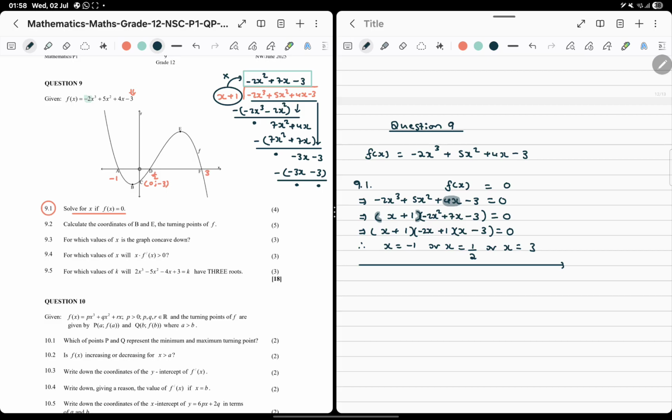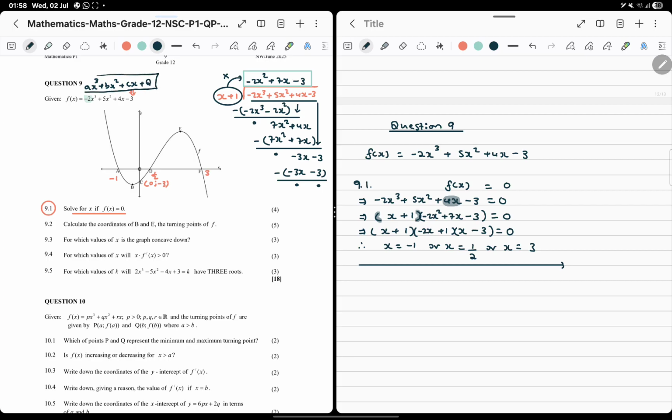This is very important. Now those of you who like synthetic division: synthetic division is such that the equation is ax cubed plus bx squared plus cx plus d.